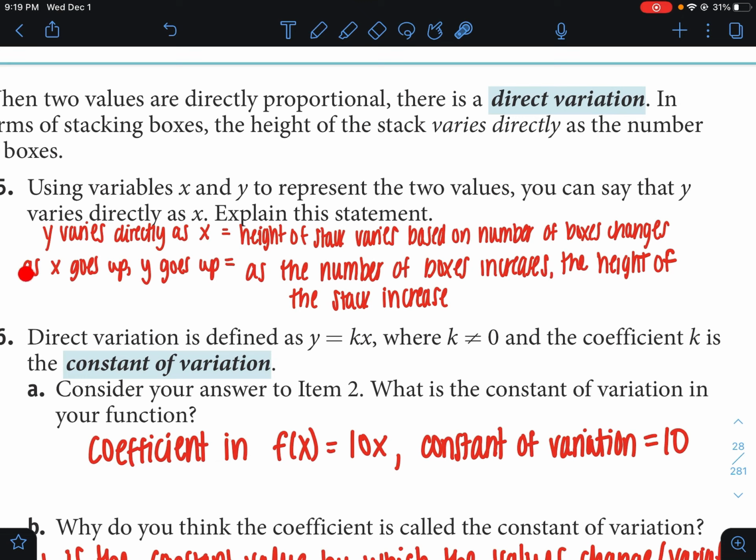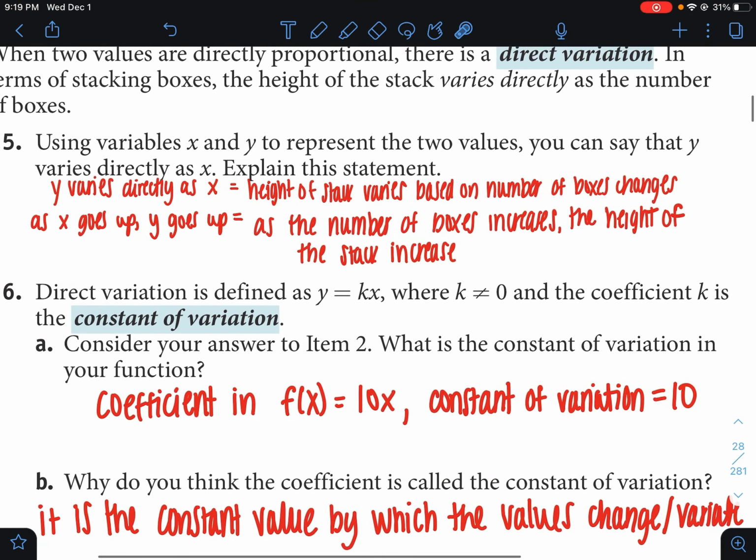Another way of saying it is, as x goes up, y goes up. So as the number of boxes increases, the height of the stack also increases. That's what we're saying with this direct variation, or this directly proportional relationship. The direct variation is defined by this equation: y is equal to k times x, where k cannot be 0. k is what's called the constant of variation.